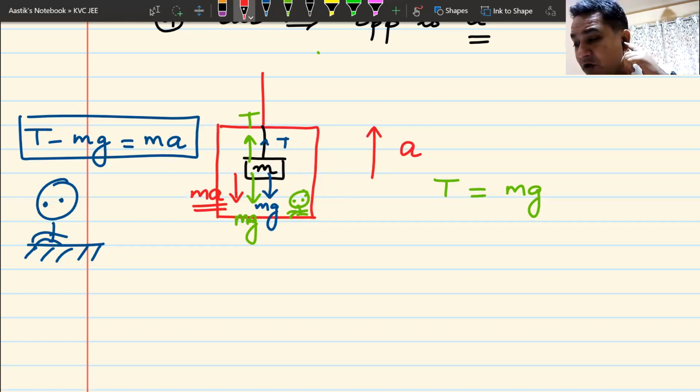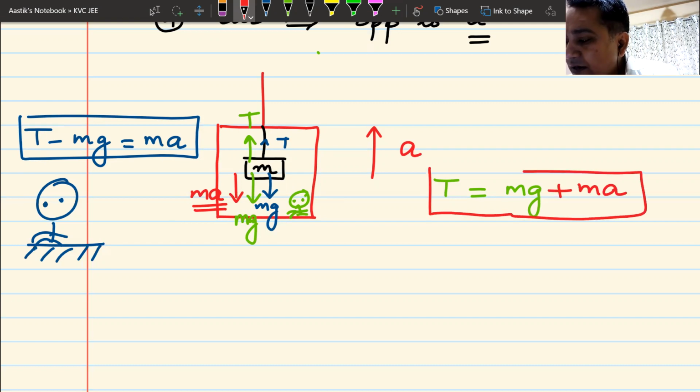Now what do I see? I see T upwards, mg downwards, real forces, but there's also one more fictional, imaginary force coming because of the non-inertial frame, which is downwards. I still see the block in equilibrium. It is not accelerated. So my equation will be T is equal to mg plus ma. T is the upward force; mg and ma are the downward forces.